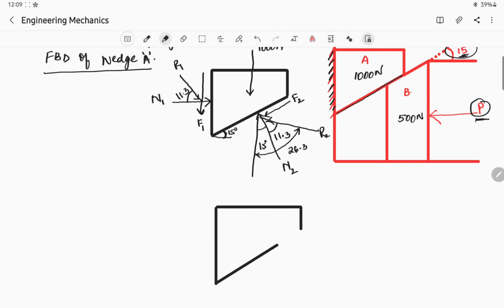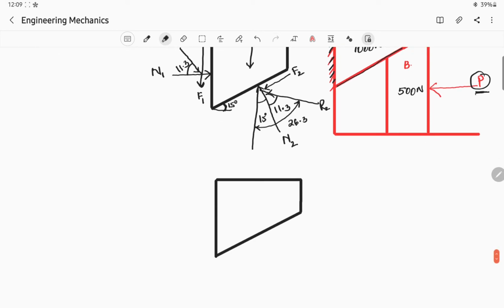I'm drawing once again the figure. Here, the forces which are acting ultimately, the final forces, are the weight, which is 1000 Newton. R1 and R2 are the resultants, the replacement of N2 and F2.